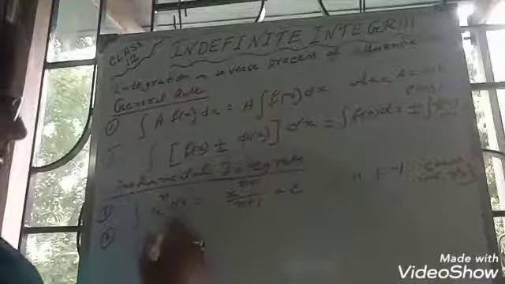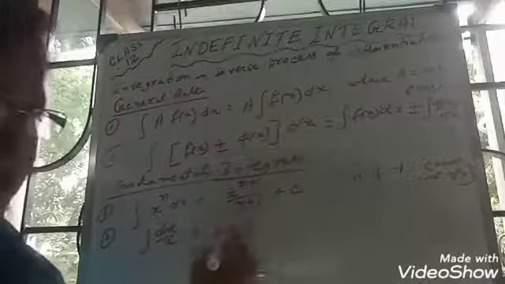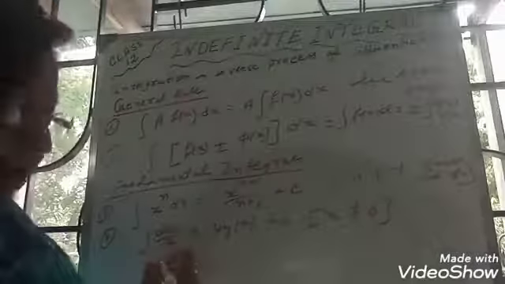Number 2, similarly we can find other formulas also. Integral dx by x is equal to log x plus c. Here x is not equal to 0, because if x is equal to 0 it will be undefined, we cannot integrate that.